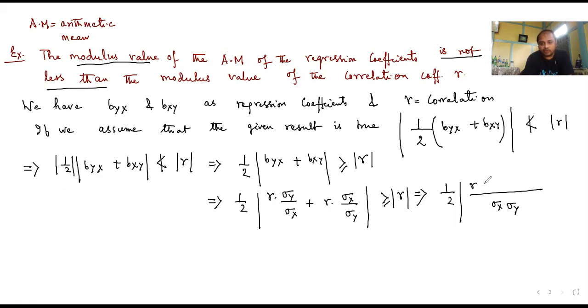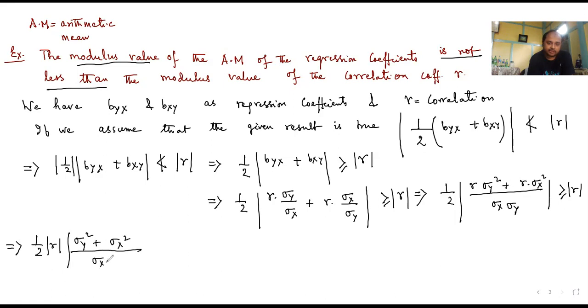If I do so, you will get half of R into sigma y squared plus R into sigma x squared over sigma x sigma y, which should be greater than or equal to mod R. This will imply half into, take mod R outside, and inside we get sigma y squared plus sigma x squared by sigma x into sigma y, which should be greater than or equal to mod R. Now on both sides we have mod R, so they cancel each other.